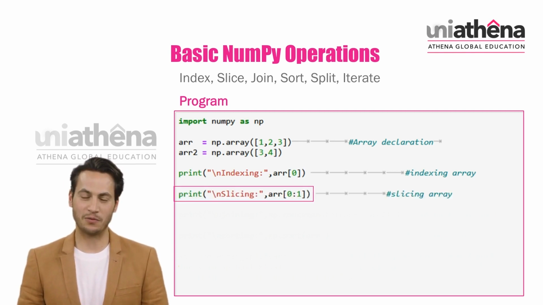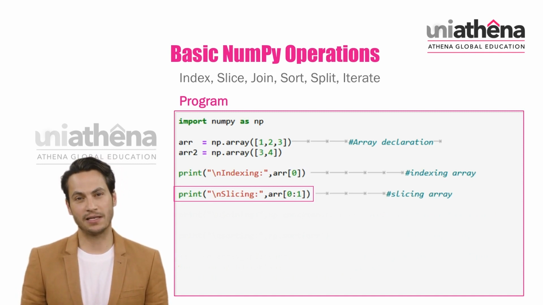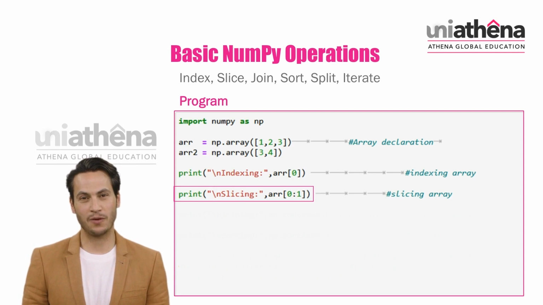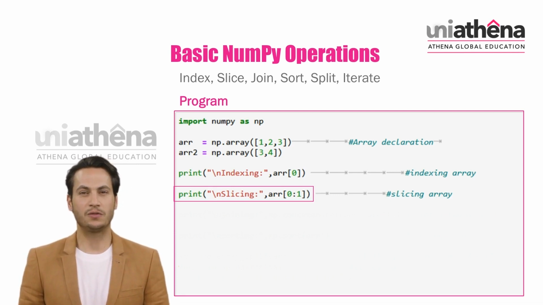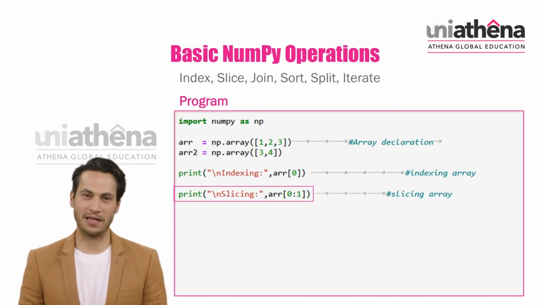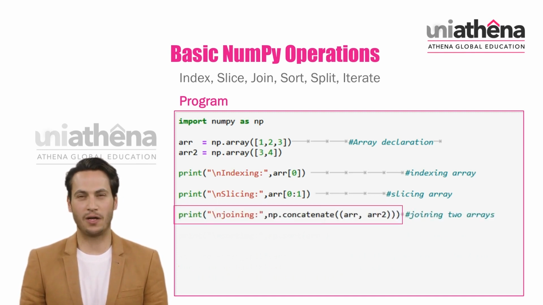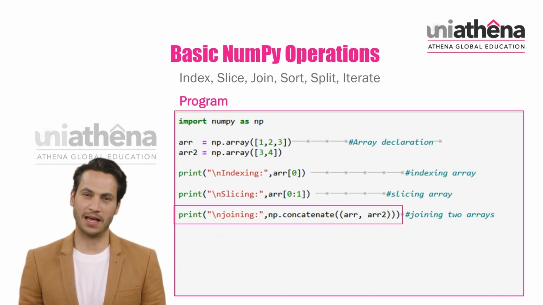Now let's slice this array to take elements from one given index to another given index. You just have to write the array name, start position, colon, the end position, between square brackets. Here we will get elements from the first index to the end index, excluding the end index. Moving on to join operation, we have the concatenate function to join two or more arrays into one along the axis.